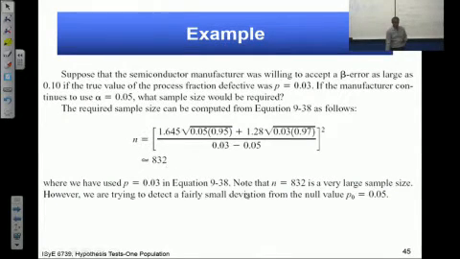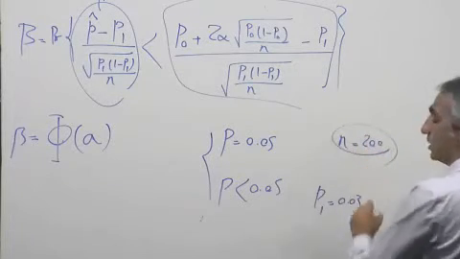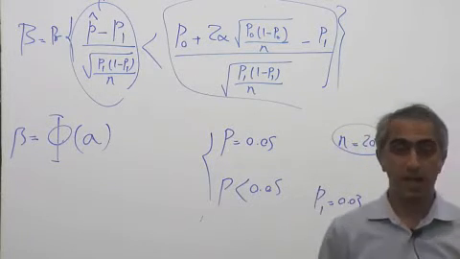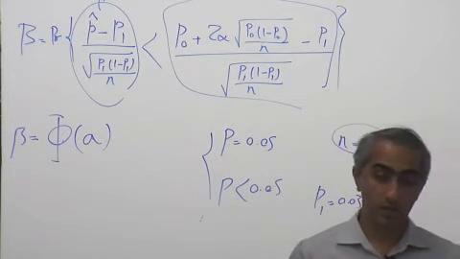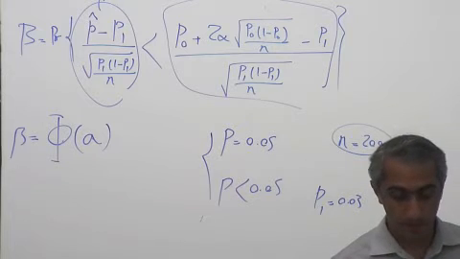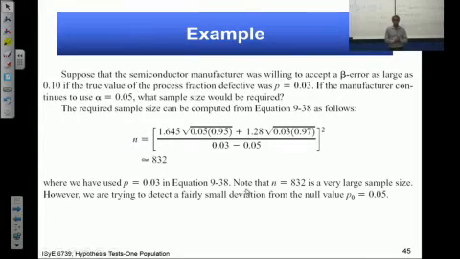So the original n was 200. So you need a sample size 4 times bigger, more than that actually, to have a good and reasonable power. Any questions? Is it clear? Good?